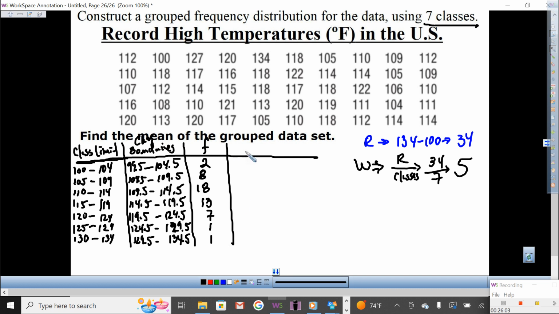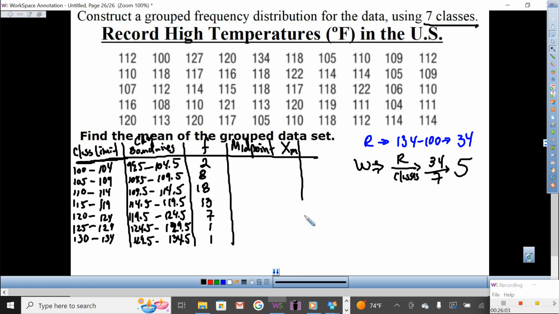All right. Next, I want you to label the next one midpoints. In symbols, we're going to write X with a little m as a subscript right there.